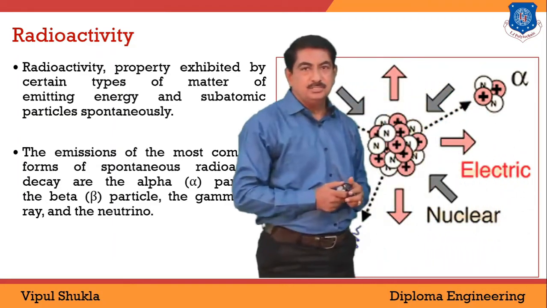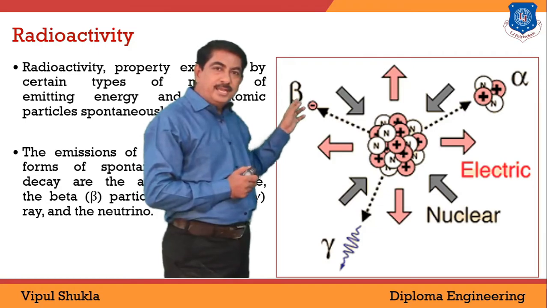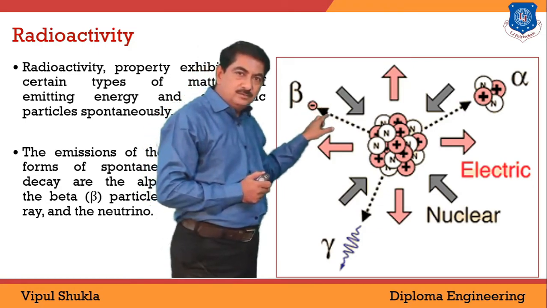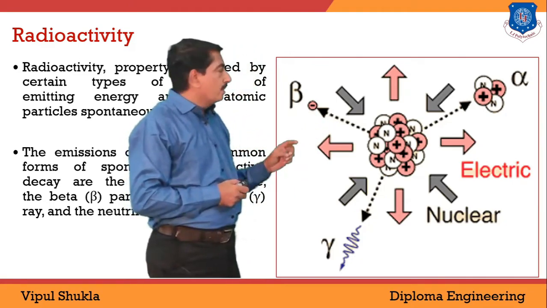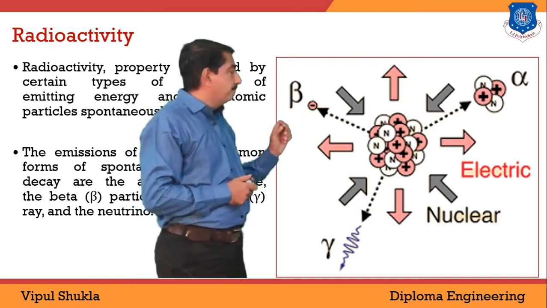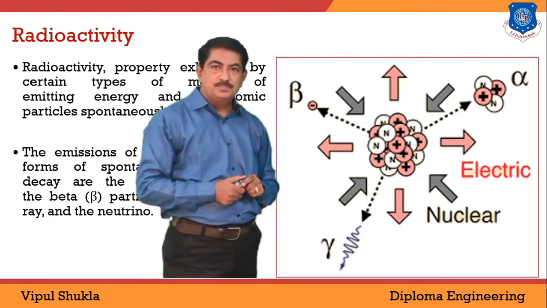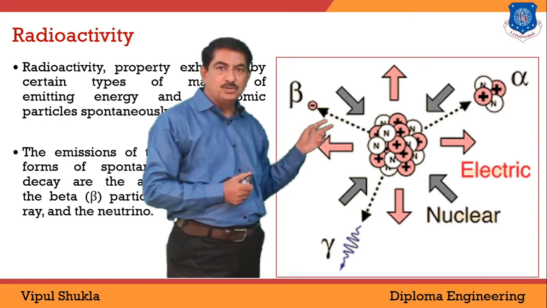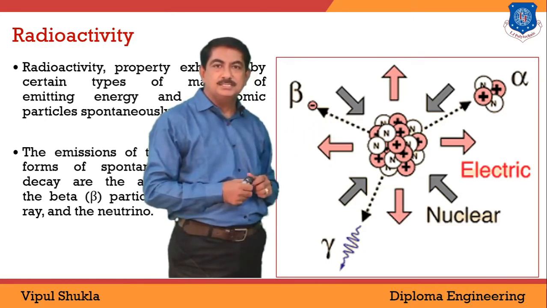Look at this animation. Here an element is denoted by white circles as well as orange circles. White circles indicate neutrons, and circles with a plus sign indicate the protons. The center part of any atom is known as the nucleus, which possesses neutrons as well as protons. Protons have positive charge, neutrons are chargeless.